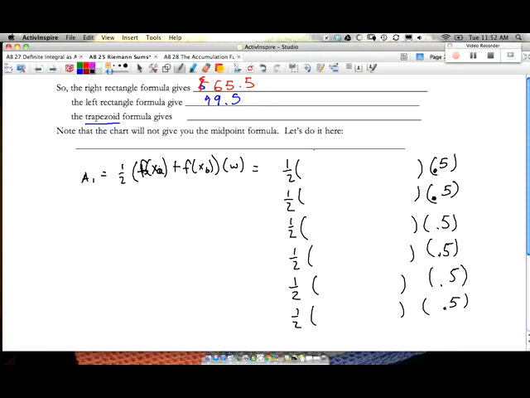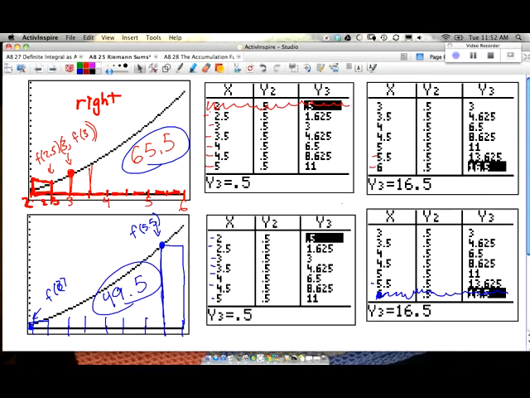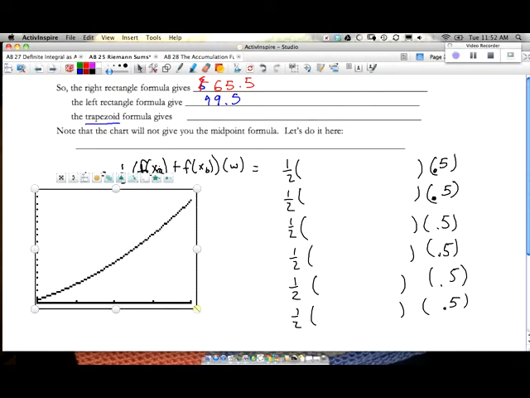So for the first one, we got to have the two heights of that picture. So let's go back and look at that picture real quick. So here it is. Let's copy and paste it again. There's our picture.